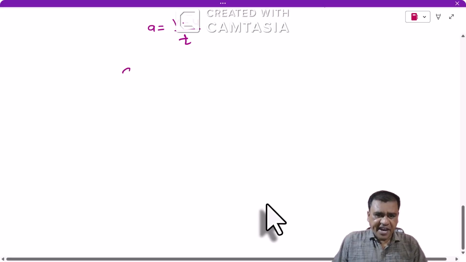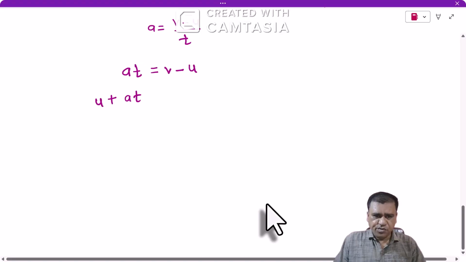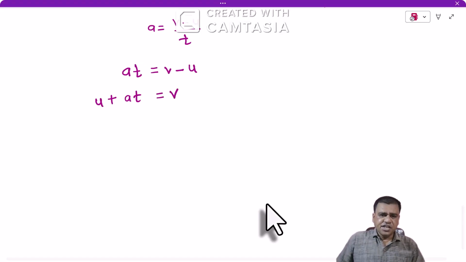Now this t will be multiplied with a, that is at will be equals to v minus u. Now this minus u will shift to left hand side and it will be plus u, that is u plus at is equals to v.